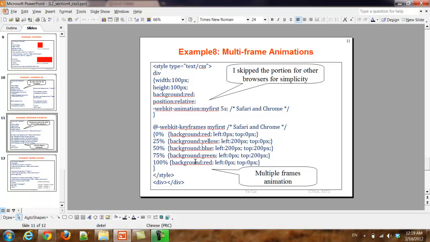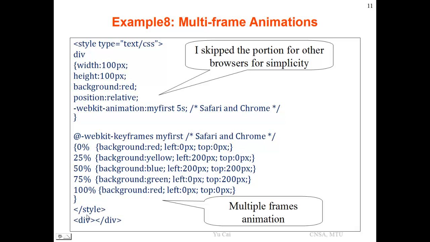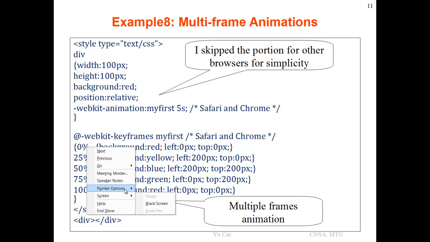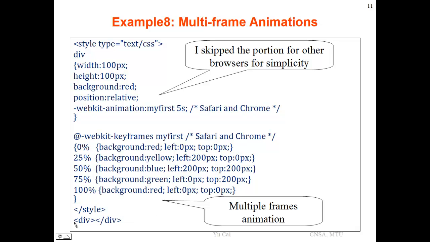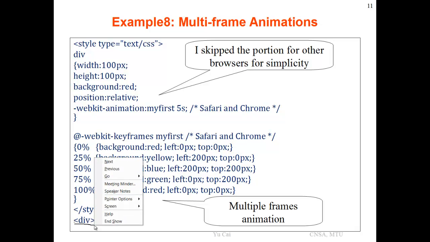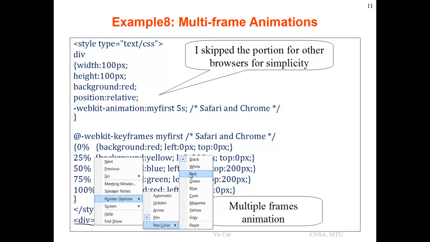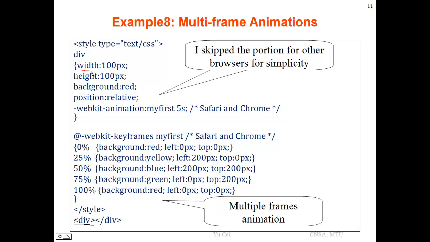Basically, you can have multiple keyframes. So let's see the demo code here. So the same thing, you have the division here. Here you define the height, the width, the background color, the position relative. Okay. Here you define the animation called my first.